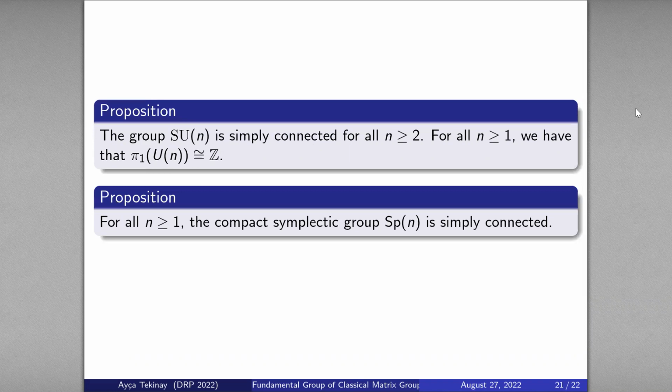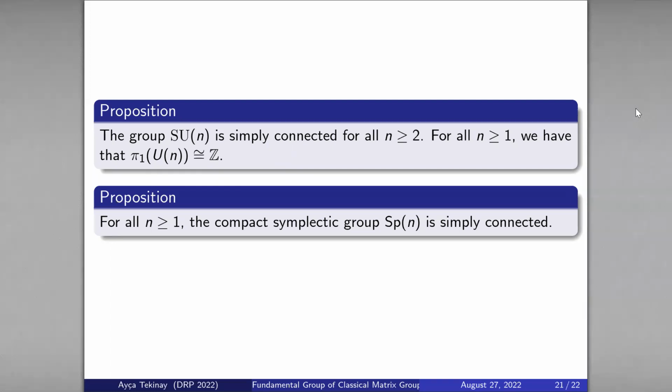And for these propositions, we will use the same steps with long exact sequences and fiber bundles, etc. The only difference between these and the previous one is that it says the group SU(n) is simply connected for all n equal or greater than 2, because the fundamental group of SU(n) is trivial.